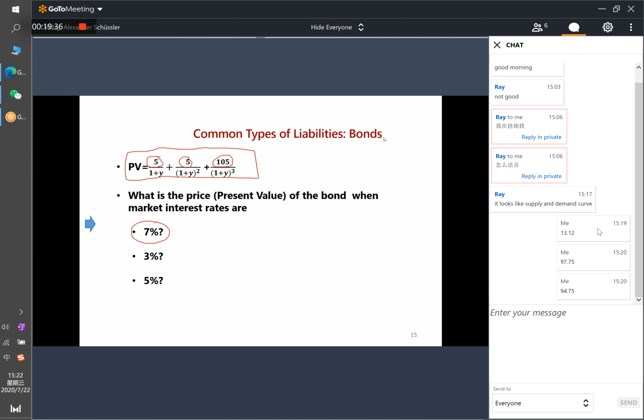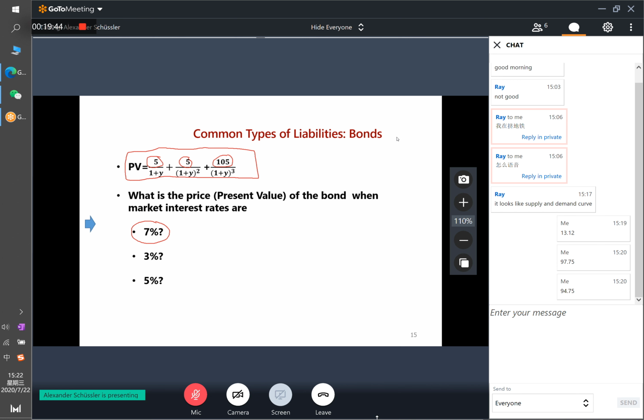Okay, so you have calculated something. Let's have a look at what we have to do. What do we have to calculate?